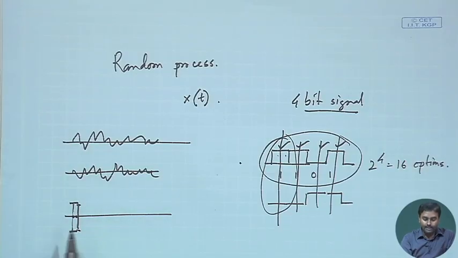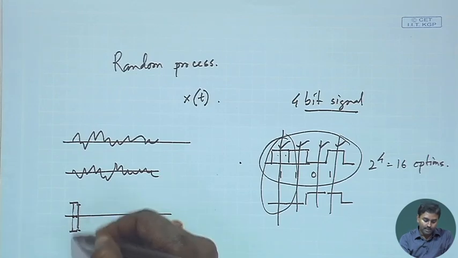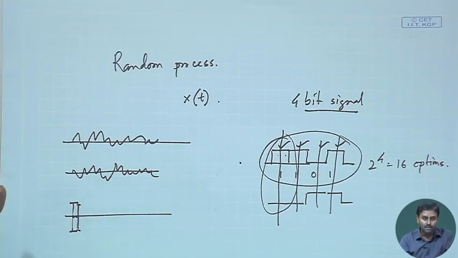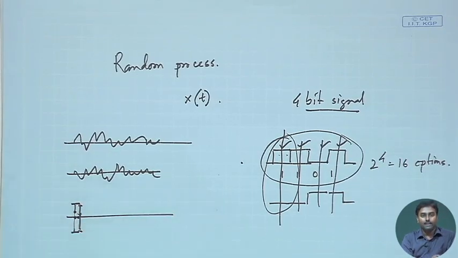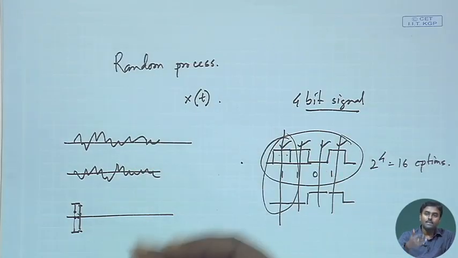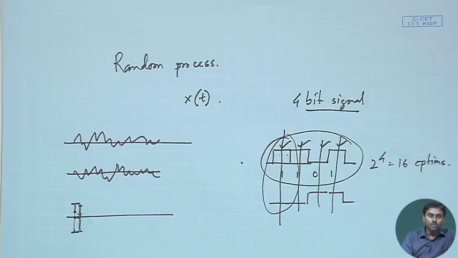So, you can now see there will be an infinitely large number of possible sample signals, because right here it can take infinite values, and then the next one, depending on what value it has taken, can take another infinite number of values and so on. So, there are infinite sample signals and probably one of them will come to you, right. And it is not guaranteed that the same signal will always come to you. You experiment today, probably one particular signal, next day it will be different, right.